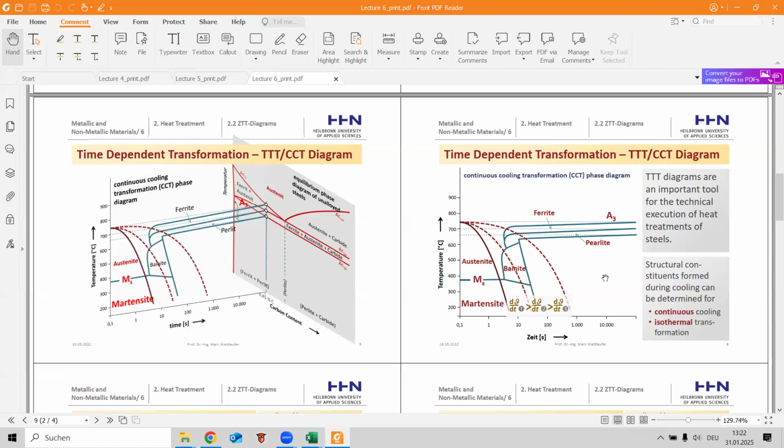So speaking in general, for slow cooling, we have pearlite, which is soft and ductile. In moderate cooling, we have bainite, so it's strong as pearlite, less brittle than martensite. And in rapid cooling or quenching, we have martensite, which is very hard but brittle.